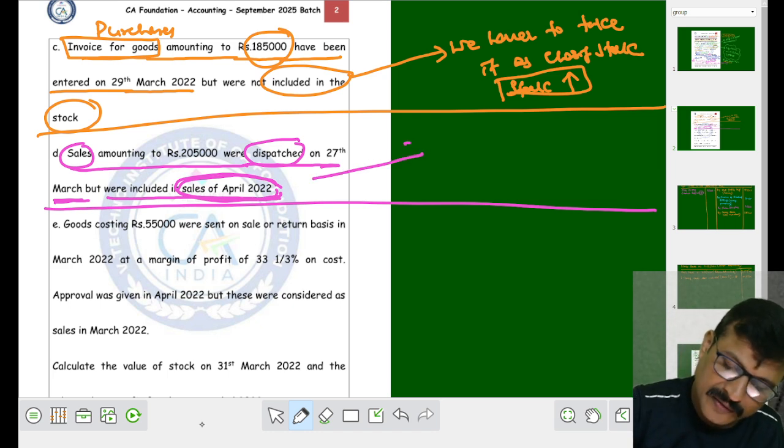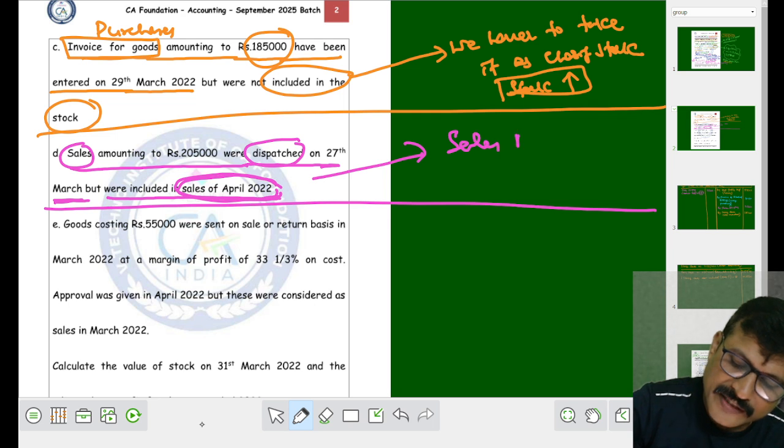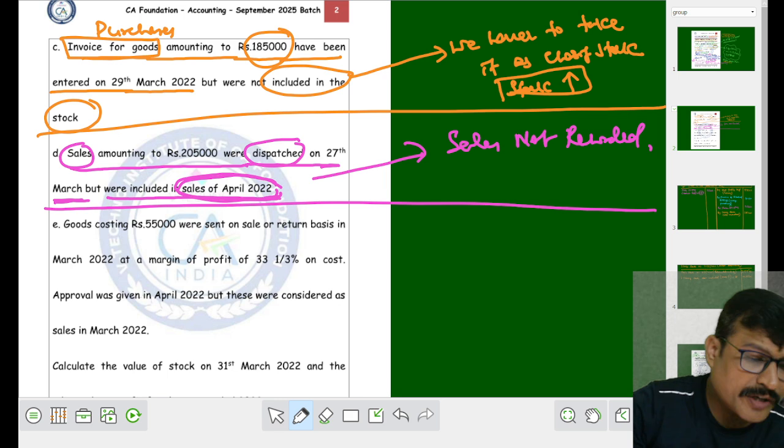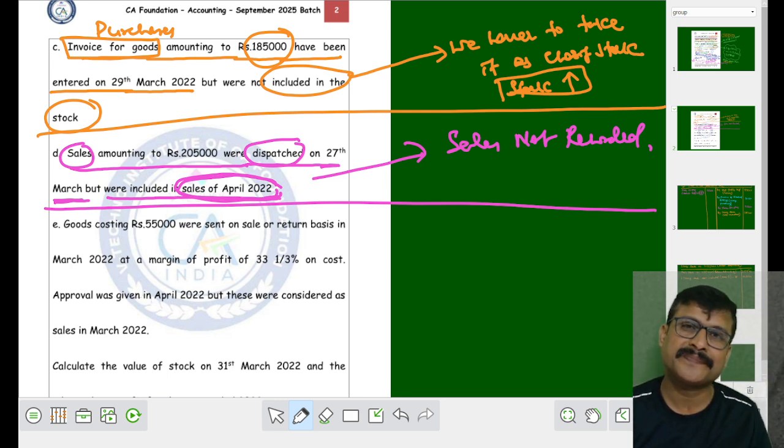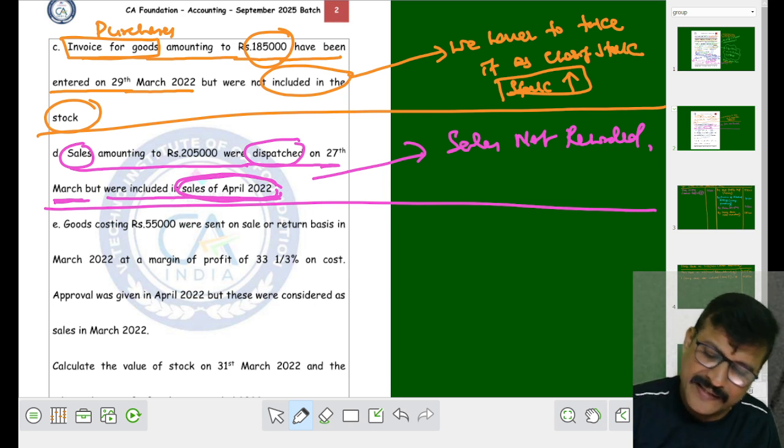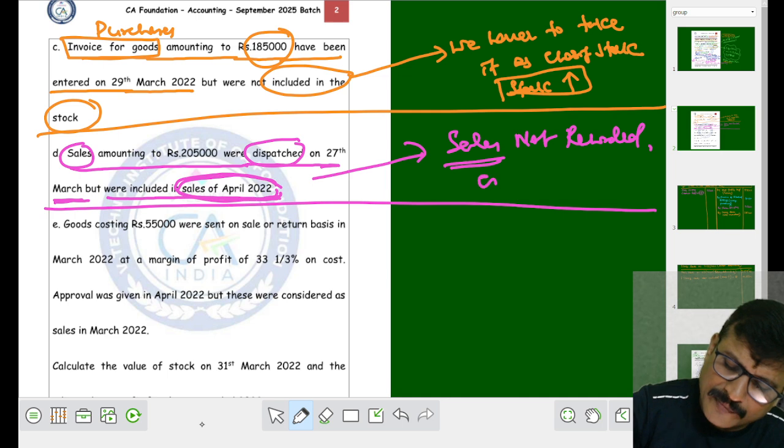It means what? Sales not recorded. What it is? Sales not recorded. Sales is what? Income. Income comes in what side? It comes in credit side.